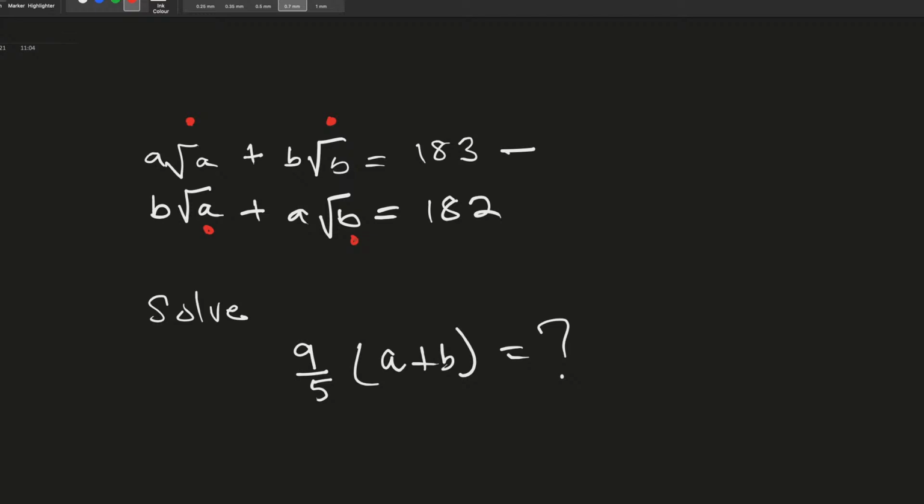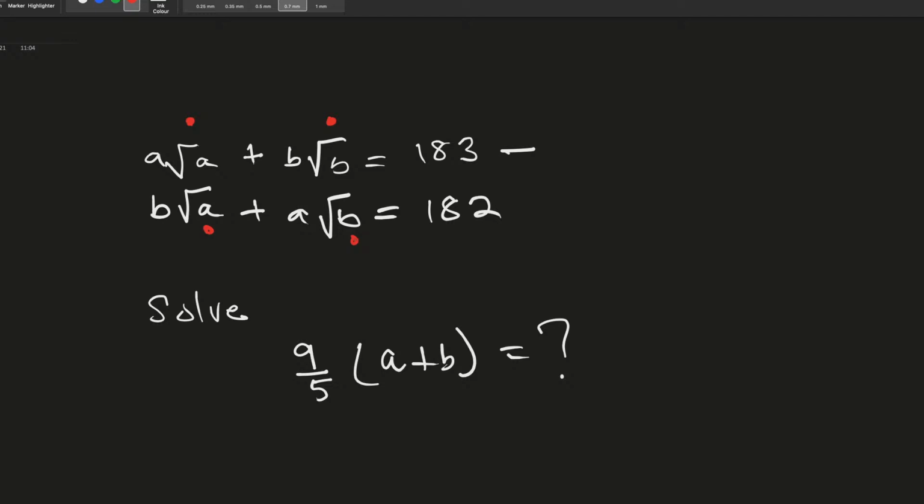So we have to assume that if we can do something to make A and the square root of A a composite expression, and B and the square root of B a composite expression.